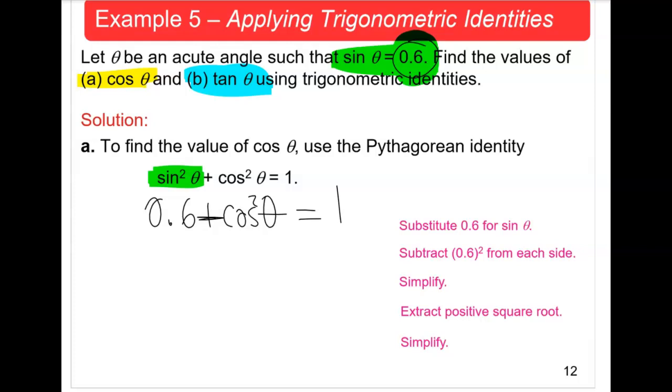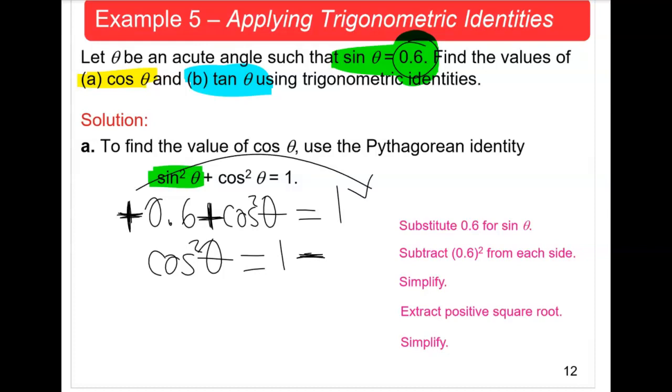Now, what we're going to do here is subtract 0.6 on both sides, or we could move the number across the equal sign. I say adding because it does have an invisible plus sign. Once we take it across the equal sign, it turns into negative, or we can think of it as the inverse operation.